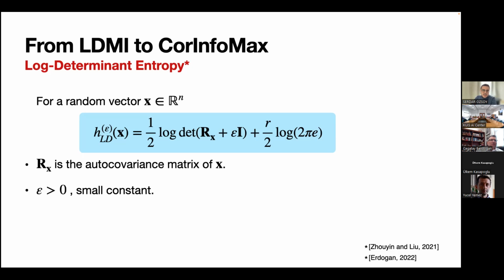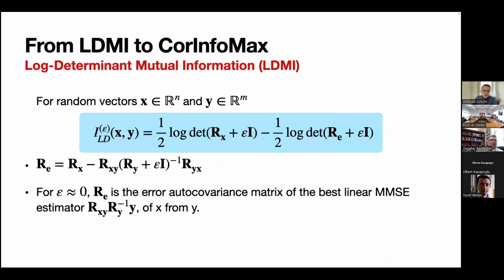Here Rx is the covariance of the vector X, and epsilon is a small perturbation parameter on the covariance. The corresponding log-determinant mutual information, LDMI, between two random vectors can be written as the difference of two log-det expressions.